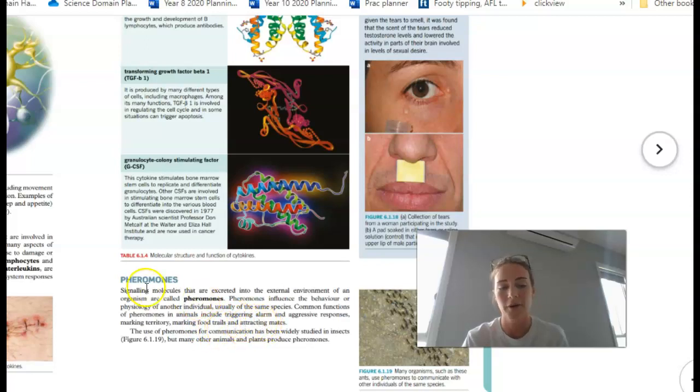And definitely we've heard of pheromones being able to attract mates in the animal kingdom as well. So that is our cytokines and pheromones, which you kind of just need to check off that you understand what those are. And definitely having a read through your textbook is always going to give you a bit more detail around those two ideas.